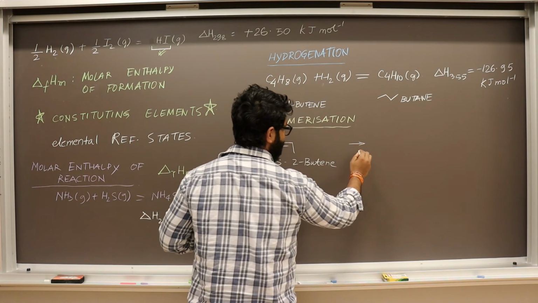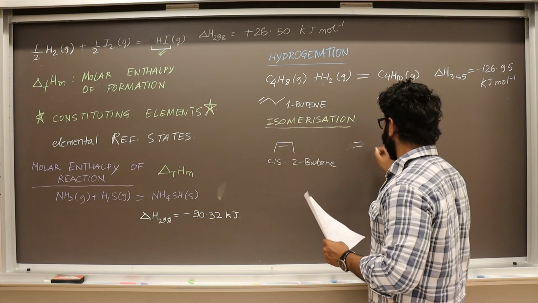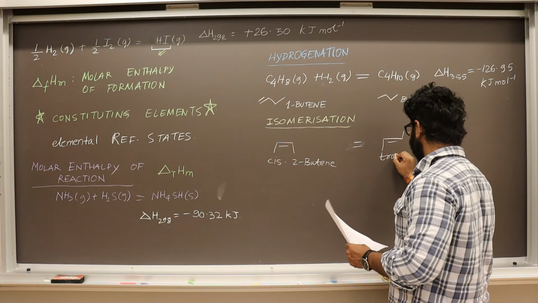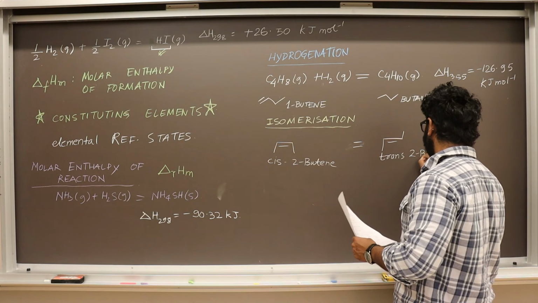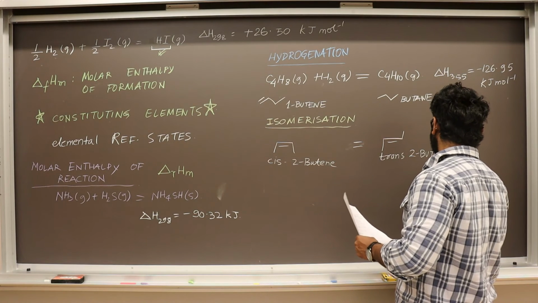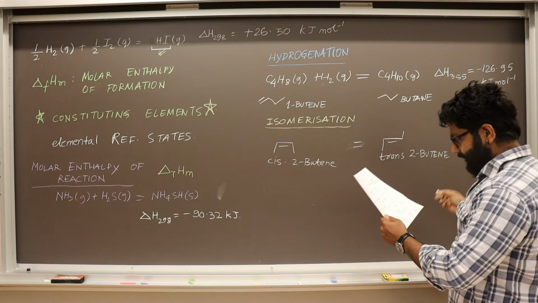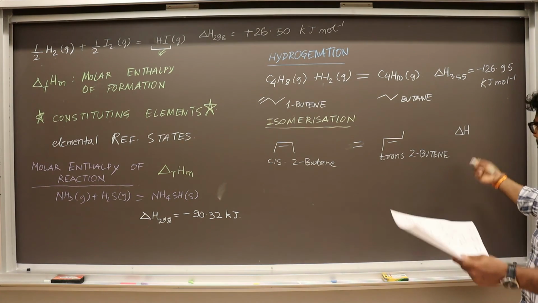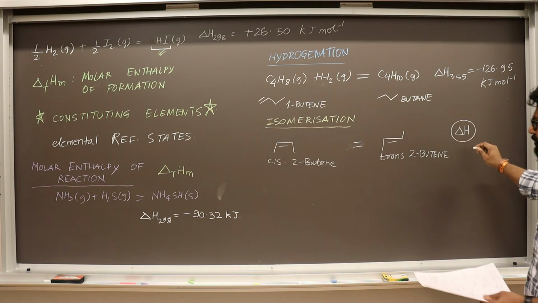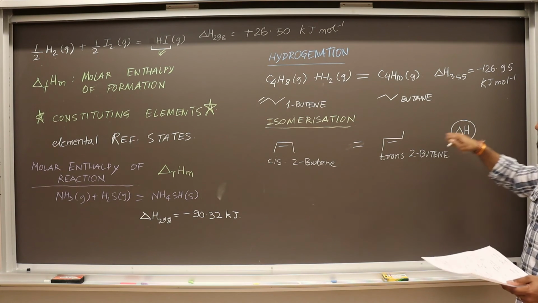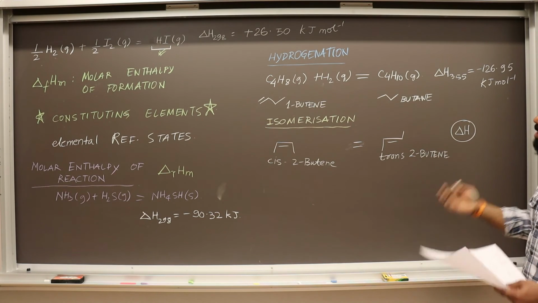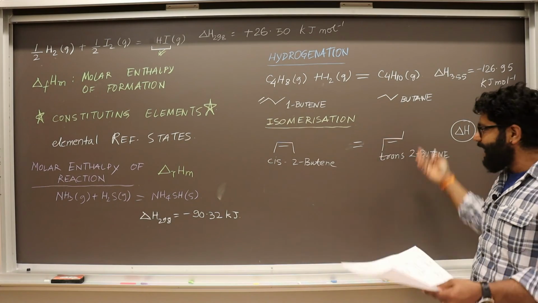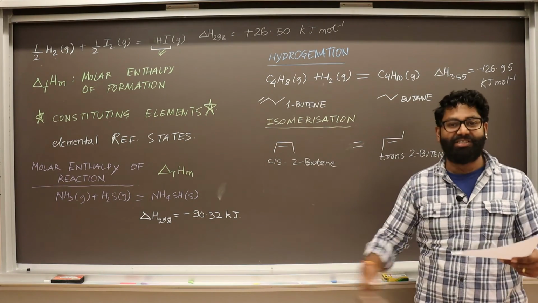This is isomerizing into, just use an equal to sign, a trans-2-butene, and there is an associated delta H. I don't have the number in here, but let's suppose that delta H, so that enthalpy change of this reaction will be called the molar enthalpy of isomerization, because the reaction is basically an isomerization reaction.